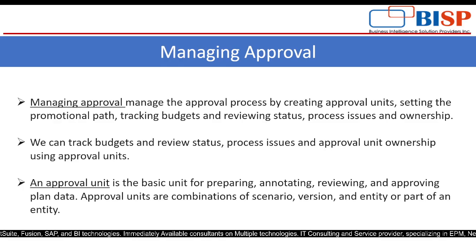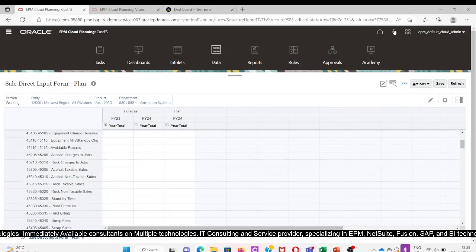Then we have approval unit. Approval unit is a basic unit for preparing, annotating, reviewing, and approving plan data. Approval units are a combination of scenario, version, and an entity, or a part of an entity. This was a brief introduction about the managing approval.